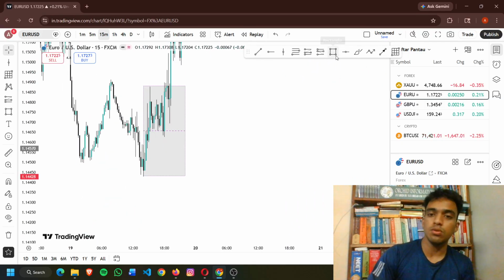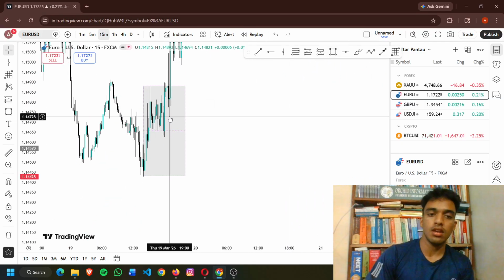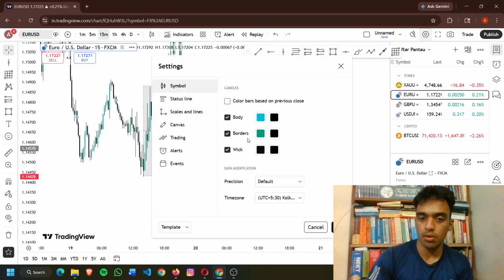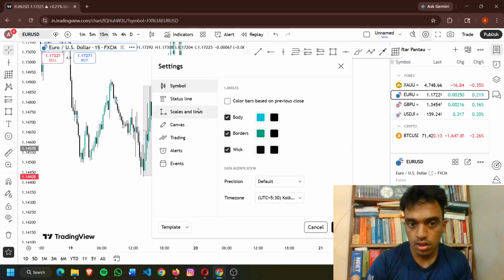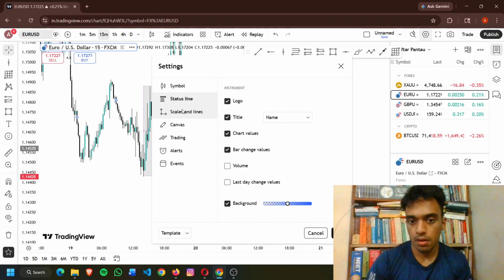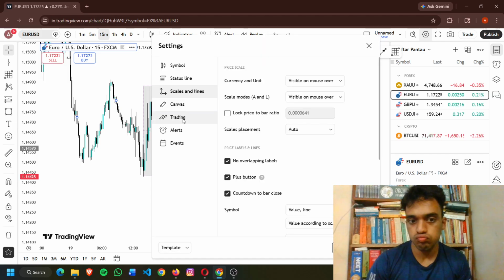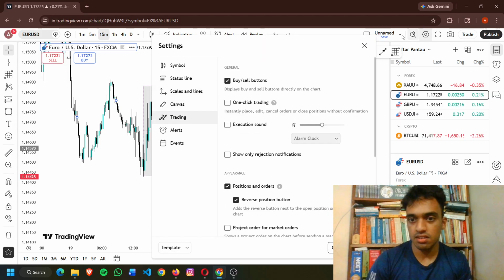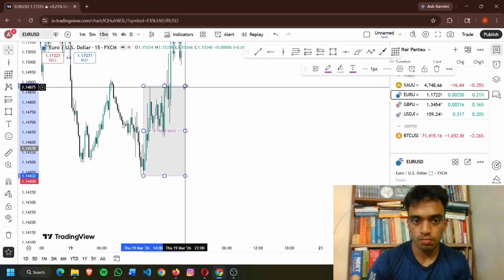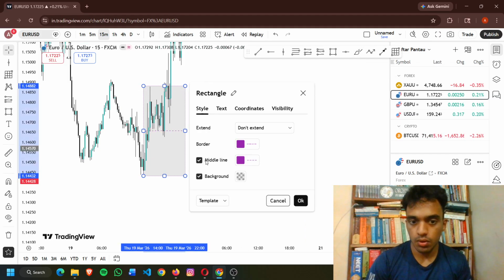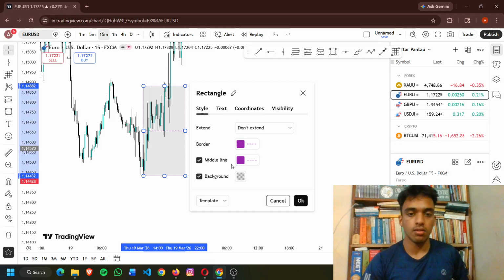You can use this tool, the rectangle tool. You can actually put the line. There will be a middle line. Let me see, I forgot where it is. Oh yeah, the middle line. You just double click on it.